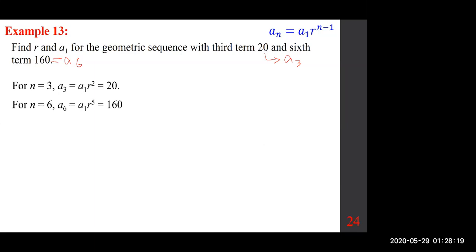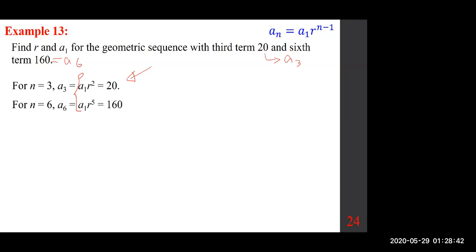So what are you dealing with? A system of equations in two variables. In essence, you are dealing with these two. Are you with me? A sub 1 and R.